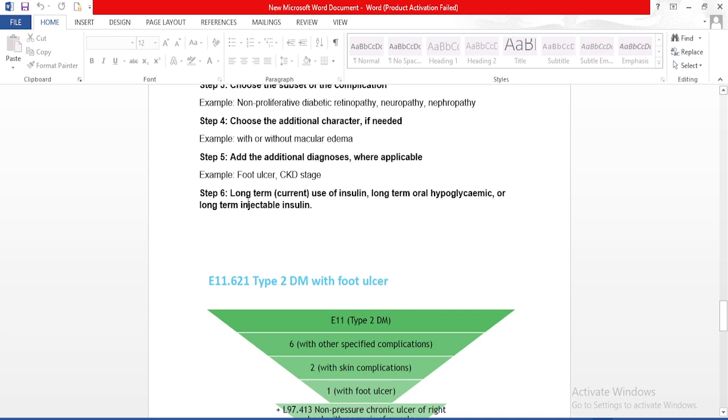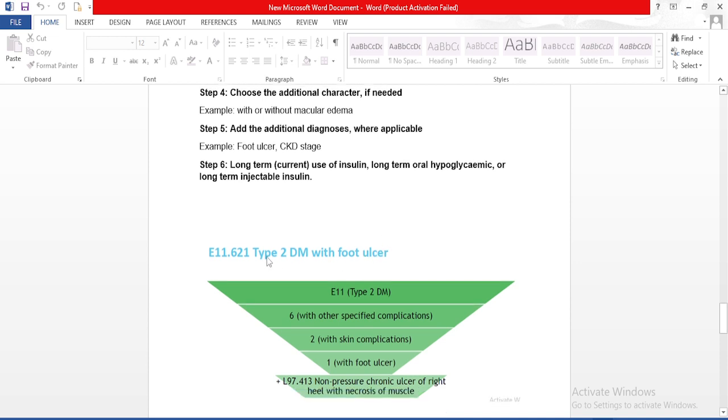We need to code long-term use of insulin, long-term use of oral hypoglycemics, or long-term injectable insulin. If the patient uses three types of medications, we need to code three codes. If the patient uses insulin and oral hypoglycemic, we need to code Z79.4 as well as Z79.84.